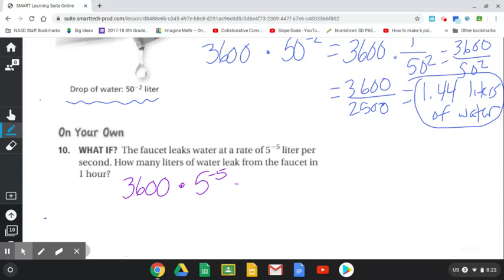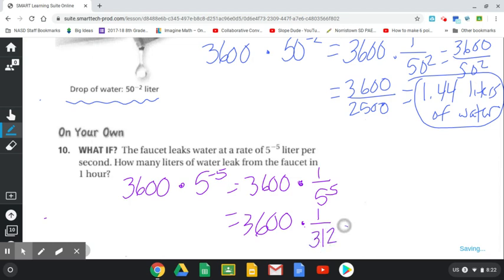So we're going to have 3,600 times my placeholder 1, 5 to the fifth power. That's going to give me 3,600 times 1 over 5 to the fifth power, and 5 to the fifth is 3,125.